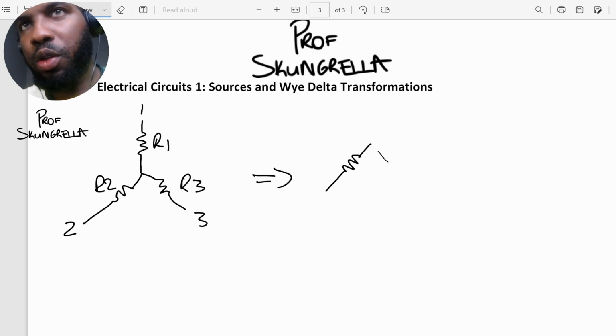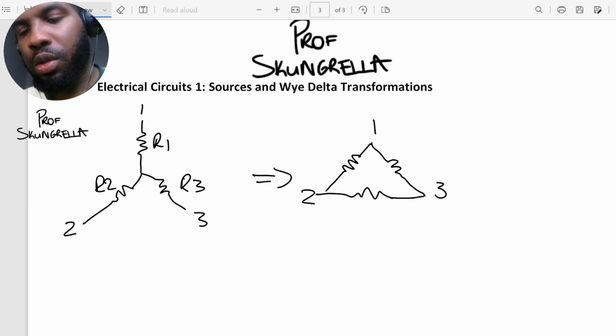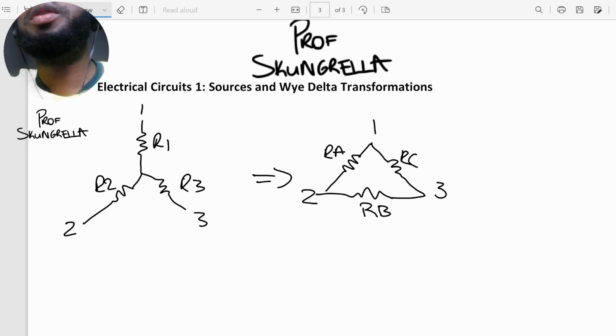Most times when you solve the circuit, you need to put it back how it was. So this is point 3, 1, and 2, and we have RA here, RB, and RC. And here are the equations that you can use to go between the two.